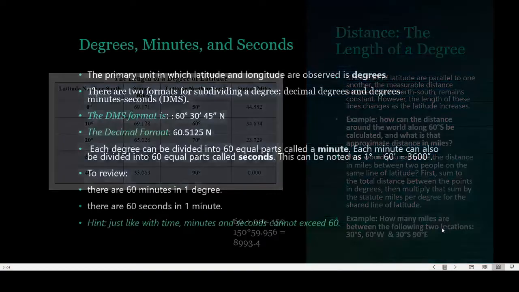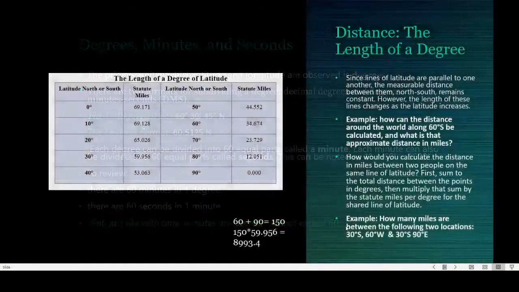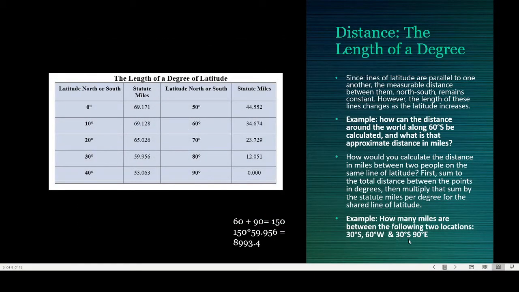So another example question is, how many miles are between the following two locations? 30 degrees south, 60 degrees west, and 30 degrees south, 90 degrees east. They're giving us the latitude, and we know this is latitude because it's designated south, and latitude is only designated north or south of the equator.